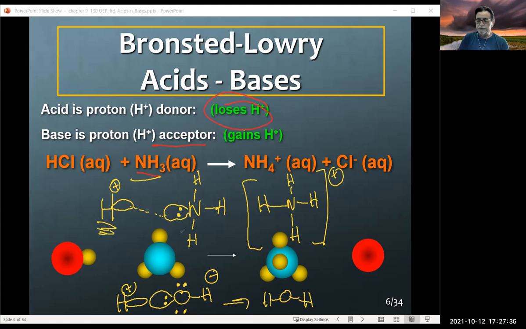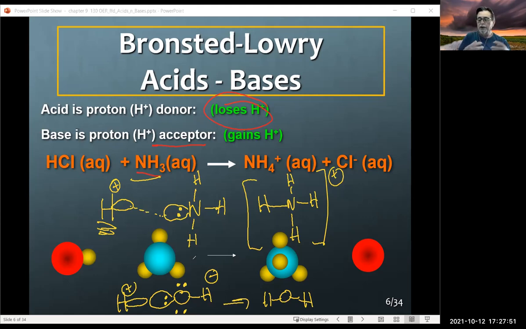But in both cases, if you think about it, we've got the proton with an empty orbital interacting with the electrons of the base. Okay. And in both cases, they're both being neutralized.